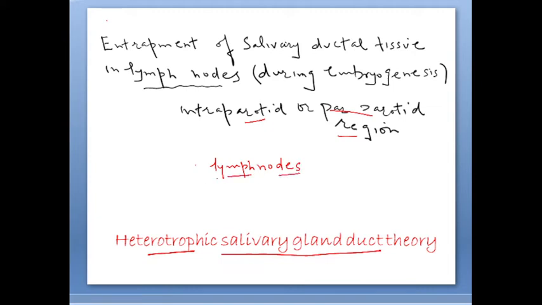The lymph nodes are seen only in the region of the parotid because it is believed that during embryogenesis there is late encapsulation of the parotid, which leads to development of lymph nodes in the region.